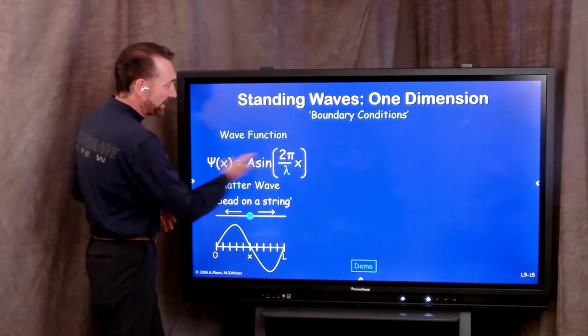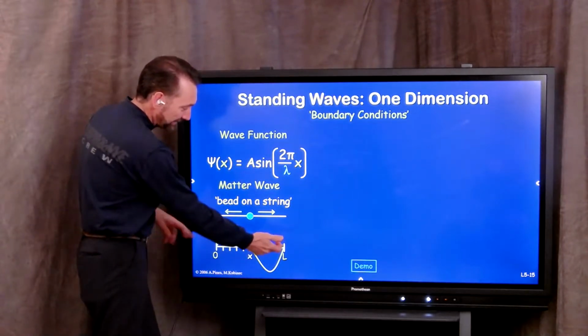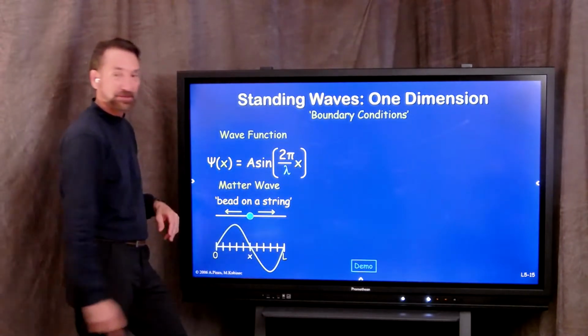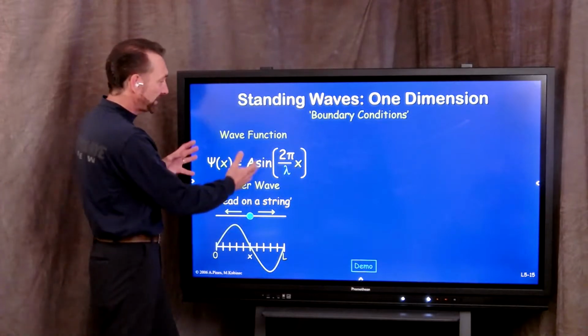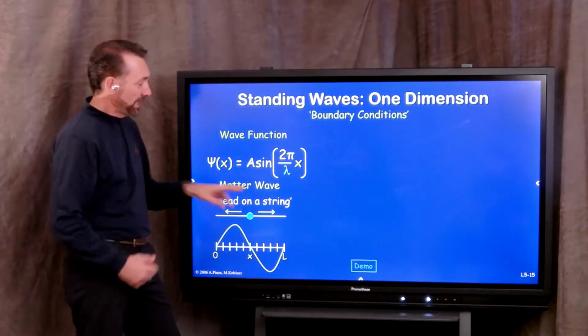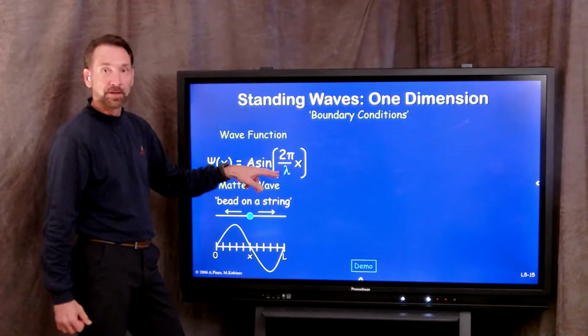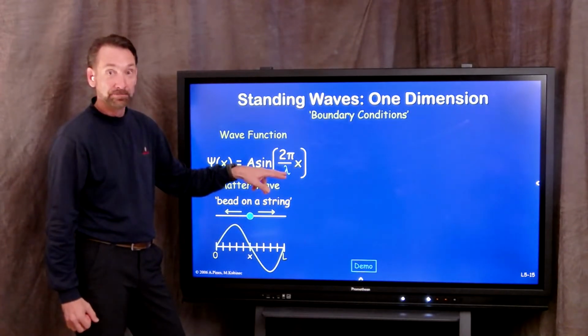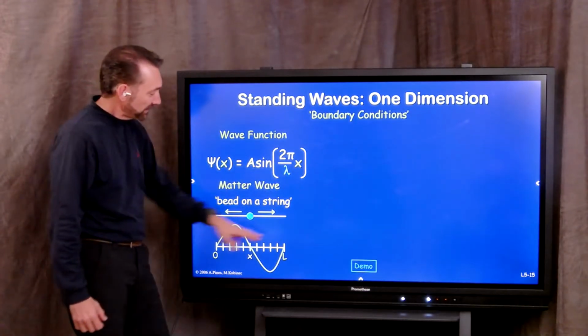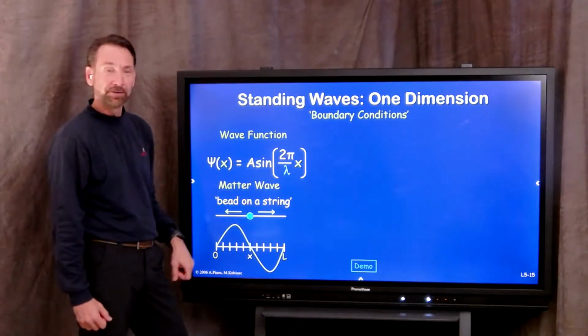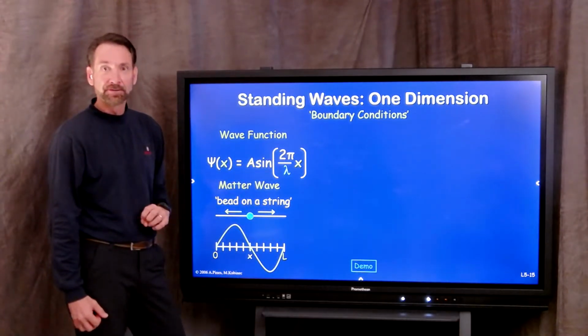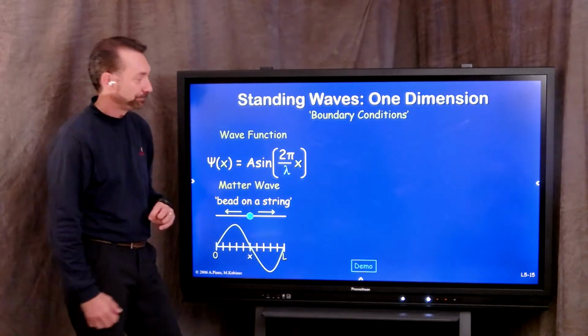And these waves are easy to cast on a string. If we know the length of the string and the relationship of the wavelength to the momentum, then with a fixed length of string, how do those things interact? How does that wavelength and that length of string interact with each other?